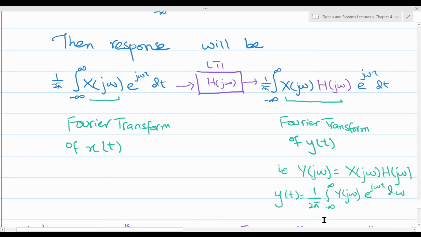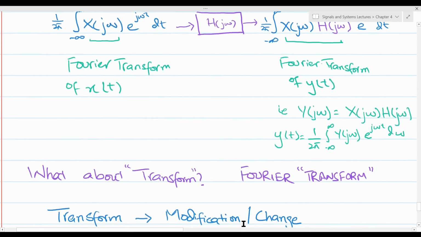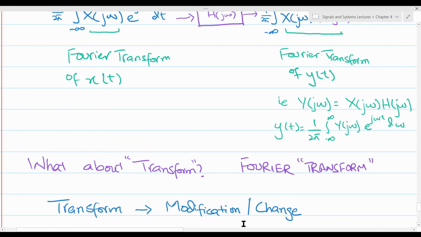Another question that we may want to address is that the Fourier transform contains the word transform, and transform means modification or change. So in Fourier transform, what sort of modification or change are we performing on the signal?